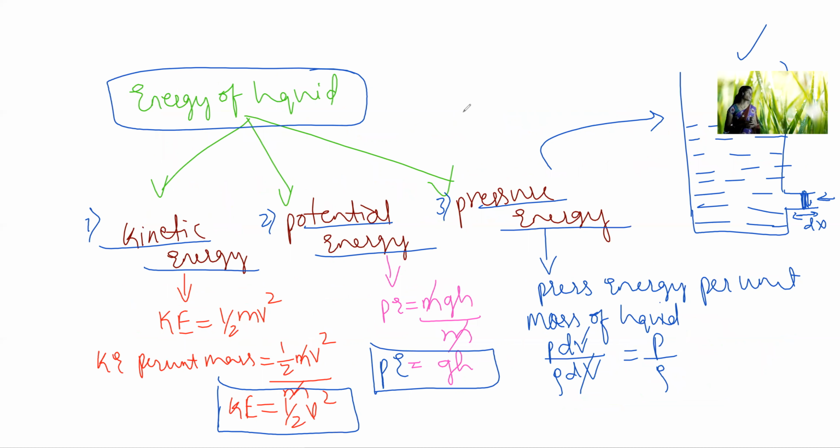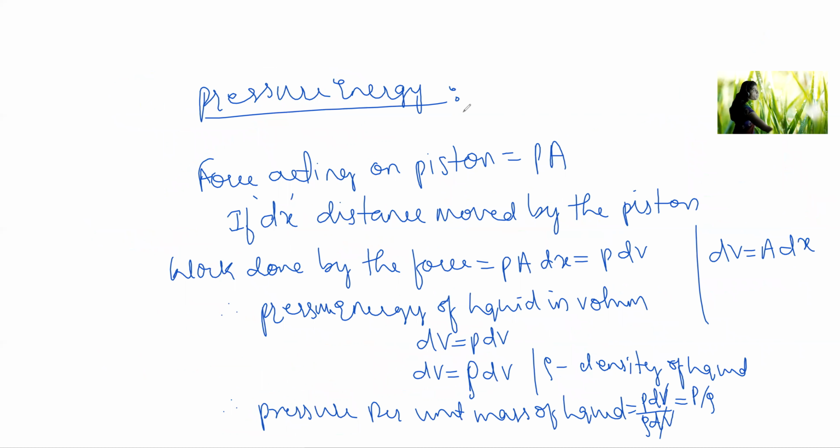We also discussed that the energy of a liquid is classified into three types: kinetic energy, potential energy and pressure energy. Kinetic energy is given by half v squared, potential energy is given by g h, and pressure energy per unit mass of the liquid is given by P divided by rho. I already showed how we derived that expression.